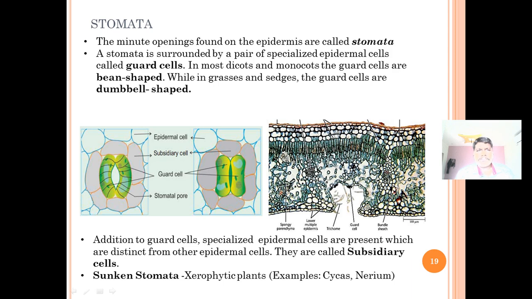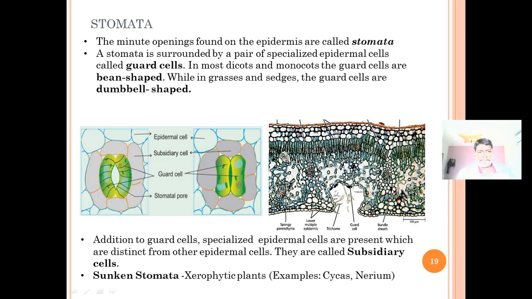In a dicot, it is bean shaped. As I already told, guard cells possess chloroplast, so the photosynthetic process will be done. Besides the guard cells, the other epidermal cells are subsidiary cells, which are also very specialized and help in transpiration, opening and closing of stomata.